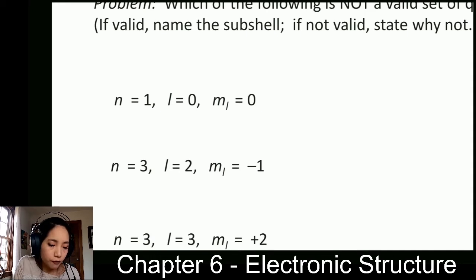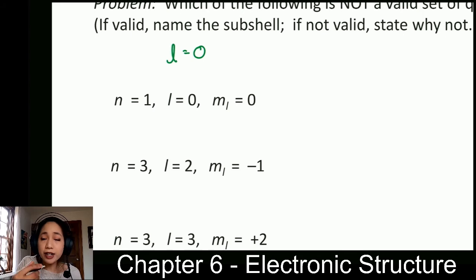So let's look at this first one. n equals 1. If n equals 1, what are our possible L values? L is 0 to n minus 1. So n minus 1 is 0. So our only possible L value that we can have is 0. And what's listed here is 0, so that works out.